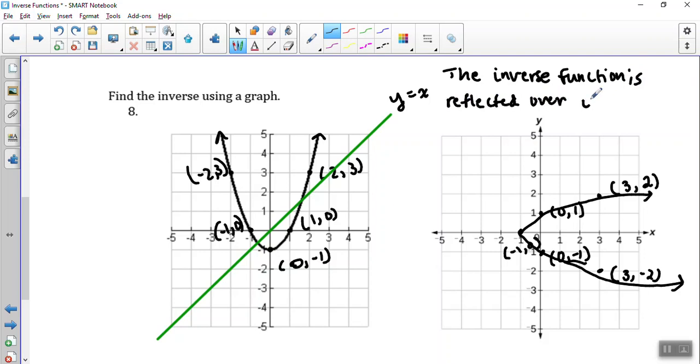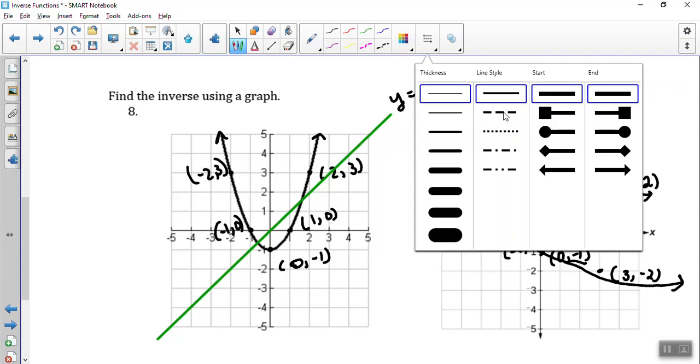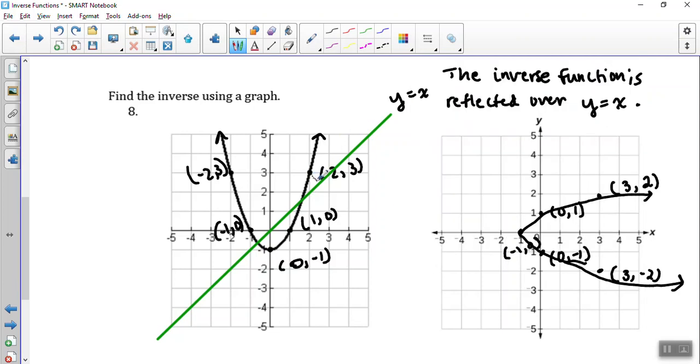over y equals x. What that means is each of these points gets reflected, meaning if it's like this, and then if it gets reflected, here's the point right here. That's the same point we have here. Same with this one. If it gets reflected, it goes here, and then it goes right here. That's your other point.